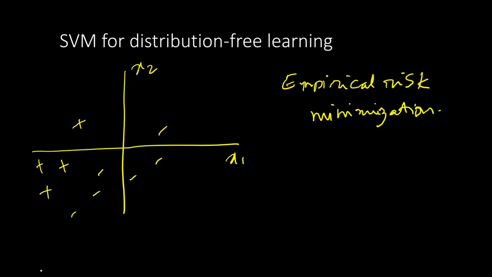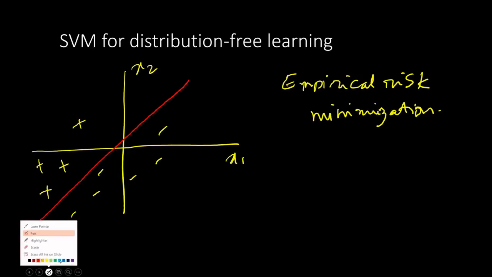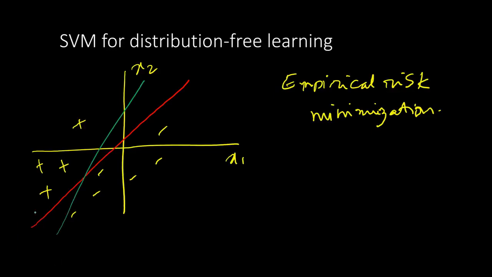So here, without going into the original math, the basic idea is that we will find a boundary. And now let's say if this is linearly separable, we could have found several different boundaries, right? So we could have also found this boundary or this boundary, but we'll find the one that maximizes the margin between the two classes.